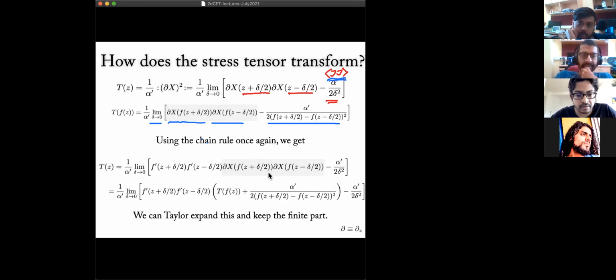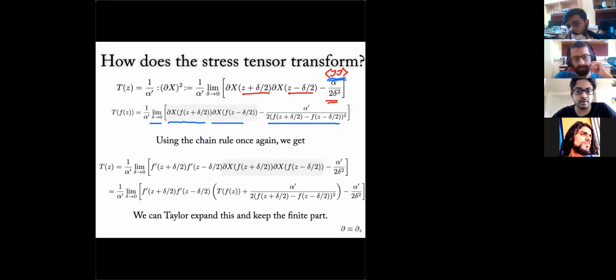Now notice that this combination is precisely the combination that appears in T of f of z over here. So we can write this shaded part using T of f of z plus this quantity. In the next step, we write this part as T of f of z plus this part. Now you need to take the delta going to 0 limit.